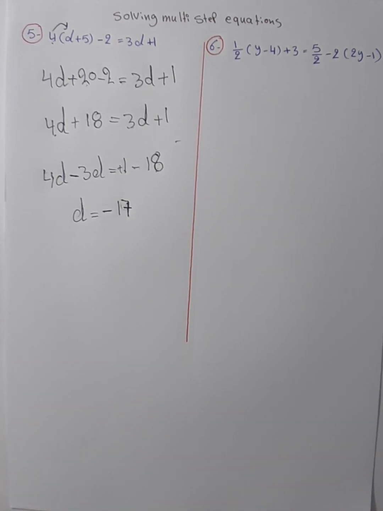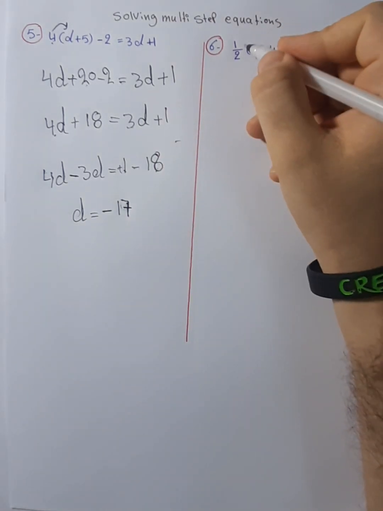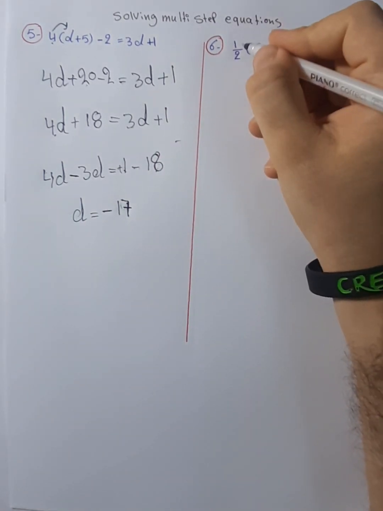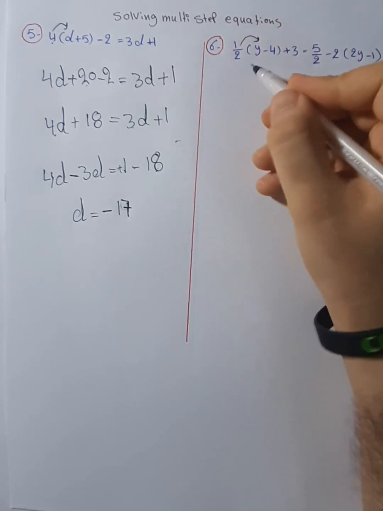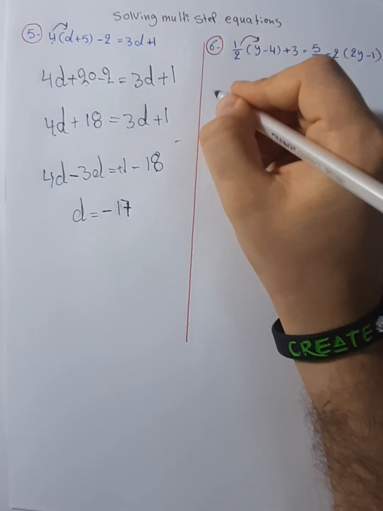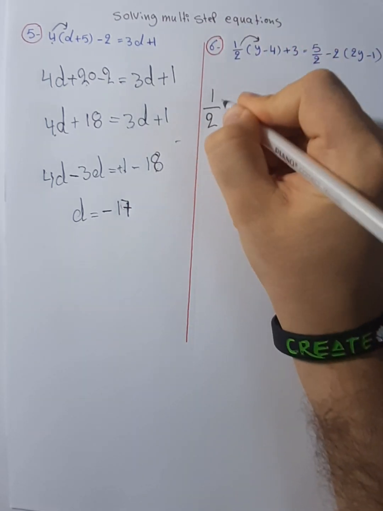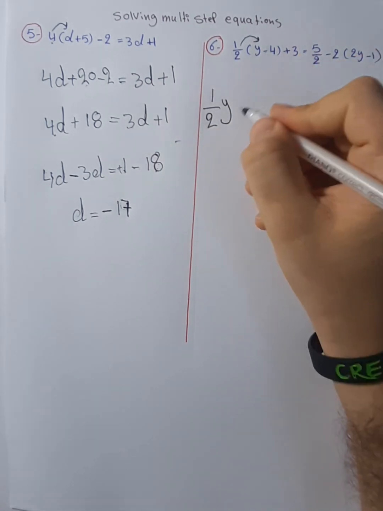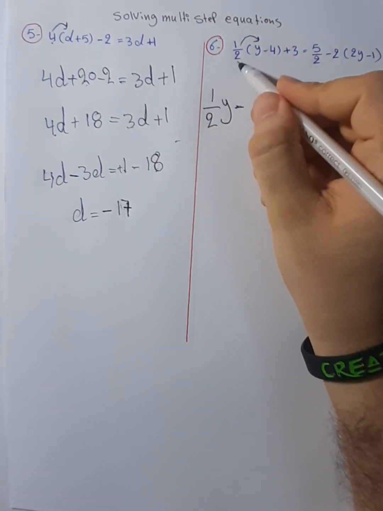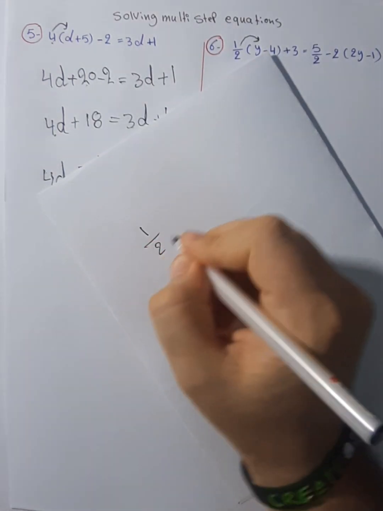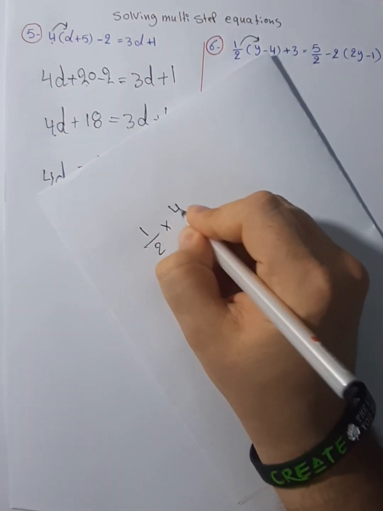Example number 6, we have this equation. First step, we can multiply this fraction into the bracket. 1/2 times y equal to 1/2 y, and then we have to write minus 1/2 times 4.